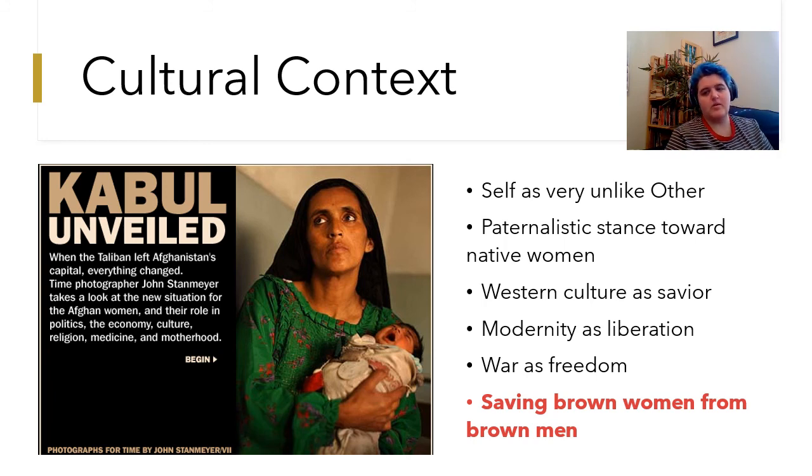A lot of them are based around this idea of saving brown women from brown men who can't control themselves, who don't know how to behave, who are bad at power, who are not good at making good societies, and who don't know how to take care of their families.